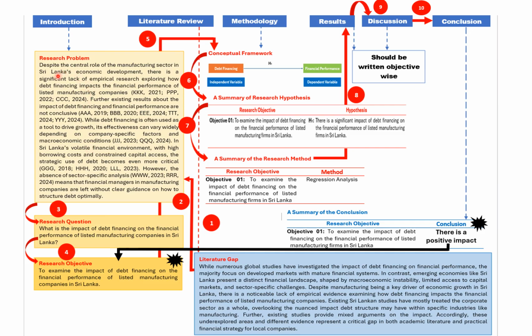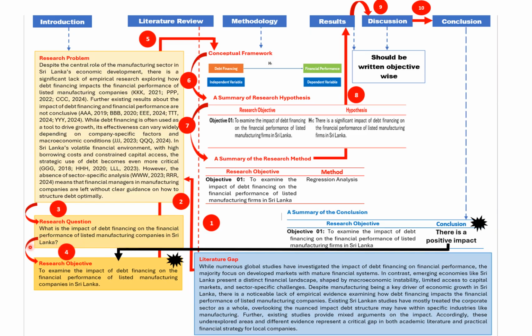So now you have written your research problem. Based on that, you are going to write your research question. Now you can see the research problem is going to link with the research question. So the research question is, what is the impact of debt financing on the financial performance of listed manufacturing companies in Sri Lanka?